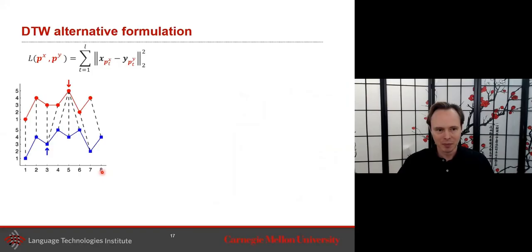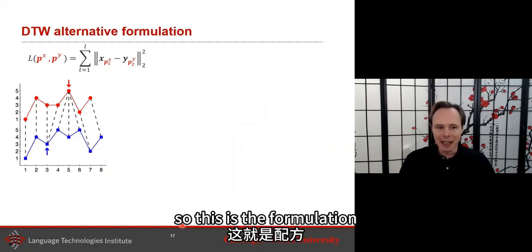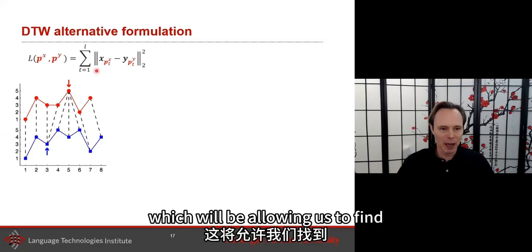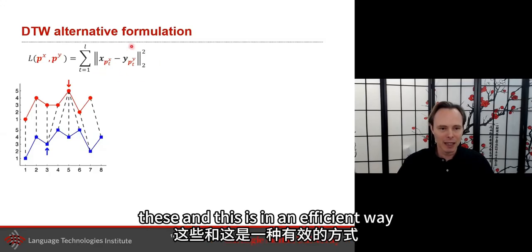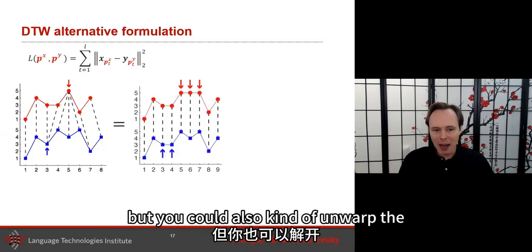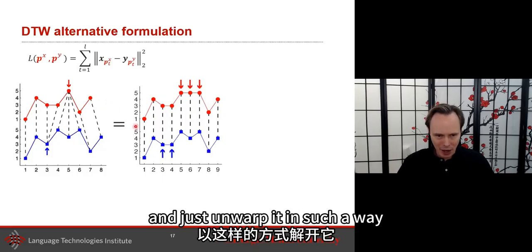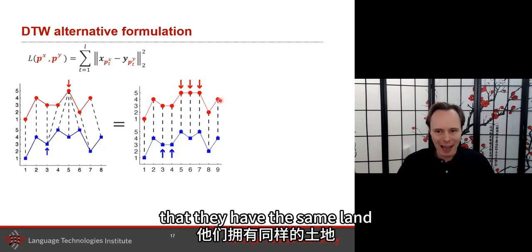So this is the typical dynamic time warping formulation, which allows us to find these indices in an efficient way. But you could also unwarp these two signals in such a way that they have the same length.